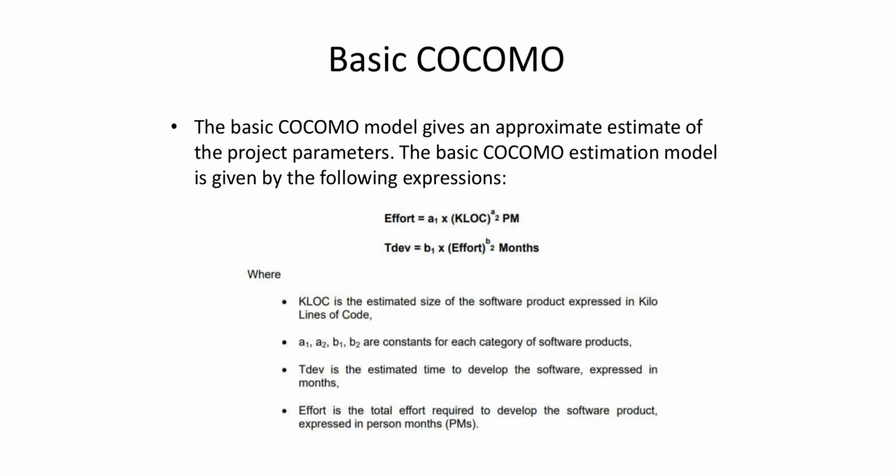A1, A2, B1, B2 depend upon what type of project you are working on: organic, semi-detached, or embedded. They will change accordingly. Tdev is the development time in months, and effort is the total effort required to develop the product in person months.